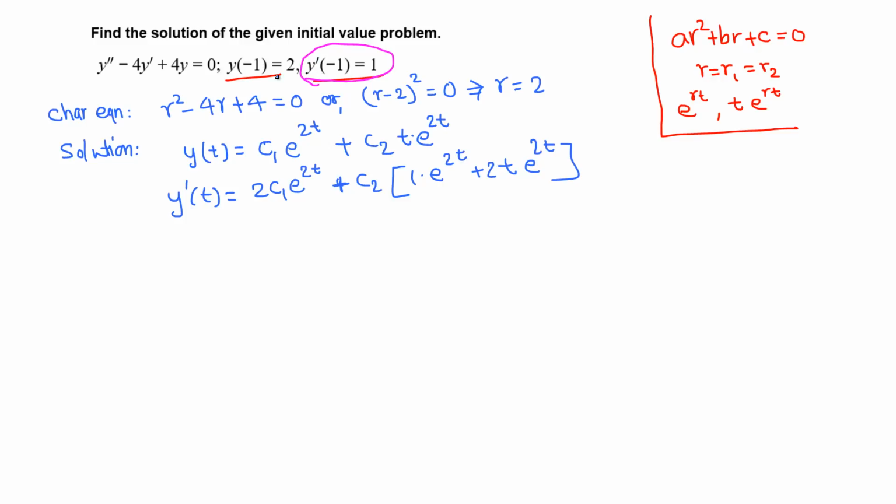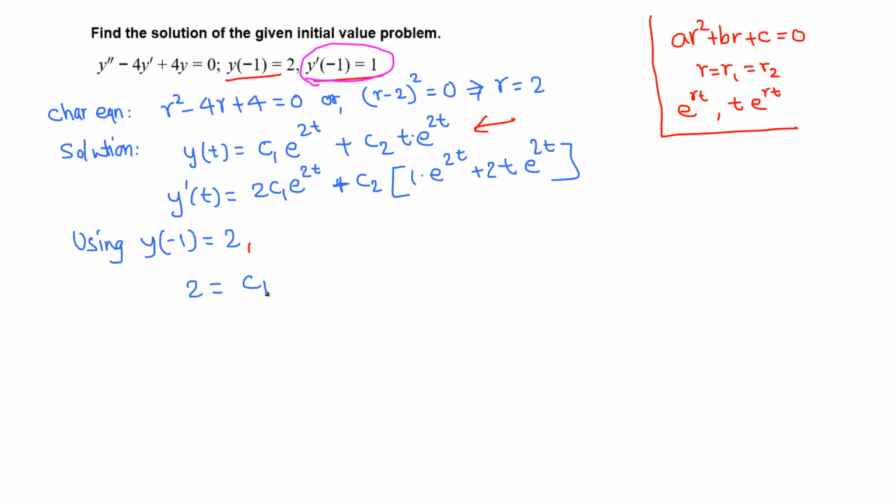Now let's use the first initial condition, y at -1 equals 2. That means the y value is 2 when t is -1.